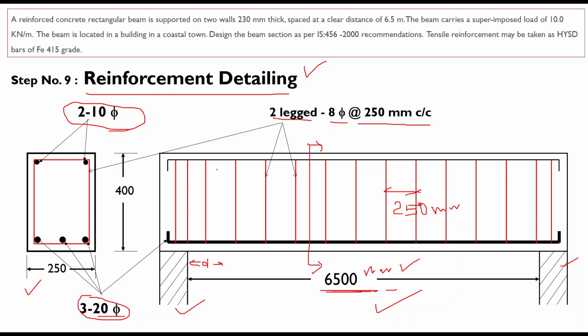The shear force at the center of the support is even greater than this value, so you can reduce the center to center spacing of the stirrups within the region where the support is. It may be at 150 center to center or 200 center. But throughout the beam, shear stirrups are provided at a spacing of 250 center to center.